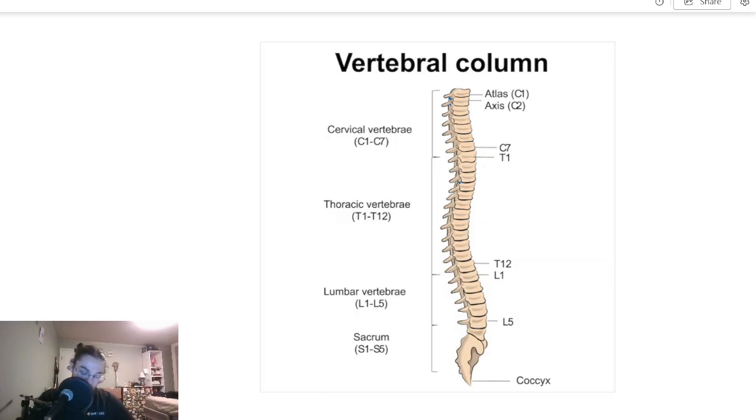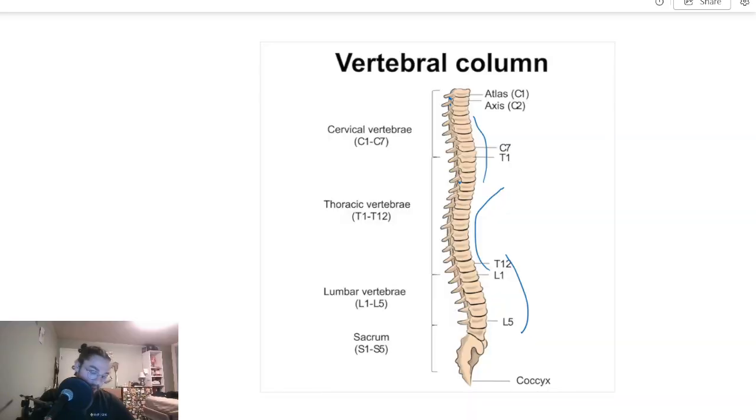So natural spines have a natural curve, and let's start with the lumbar. So you have lumbar lordosis. So that's the curve in this direction, right? And then you have thoracic kyphosis, and then you also have cervical lordosis as well.